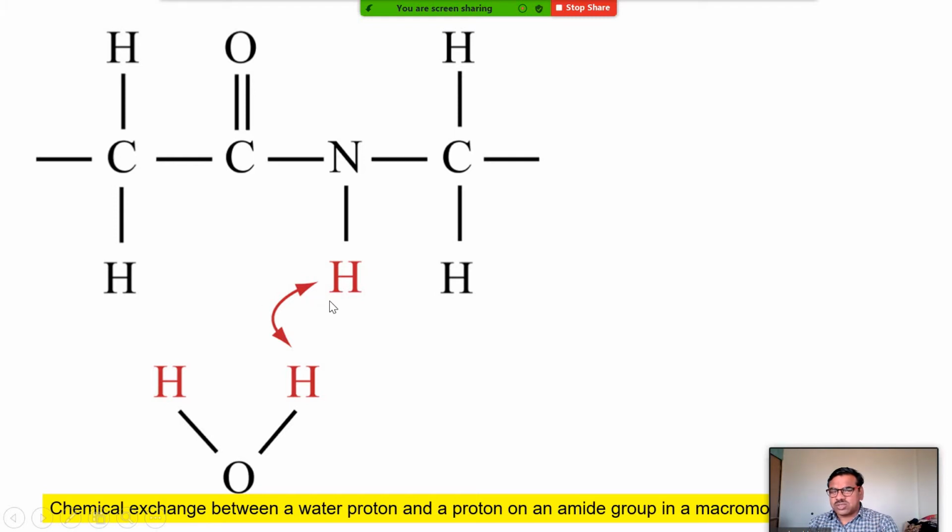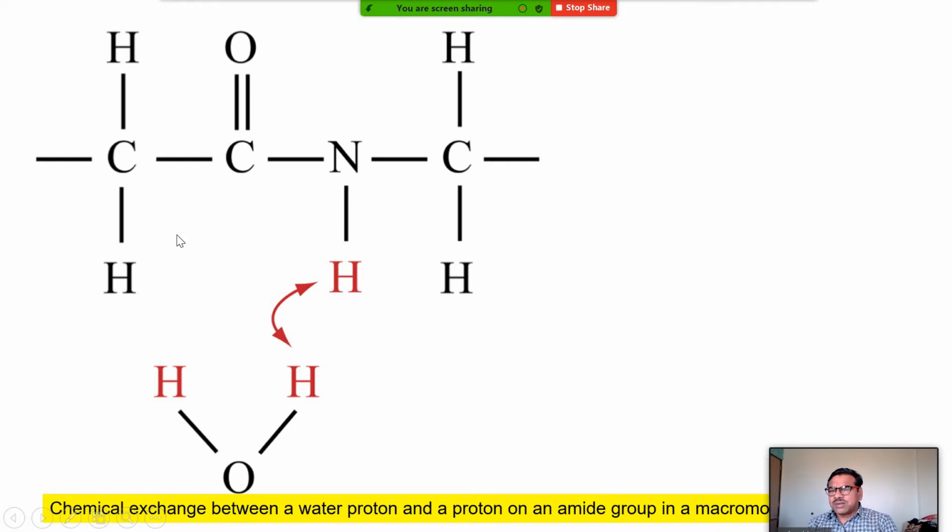They get exchanged. Now in what sense is the environment different here? Initially, if you took amide in very pure form, it does not contain any water molecule. When it is ultra pure, 100% pure, no water molecule is there.